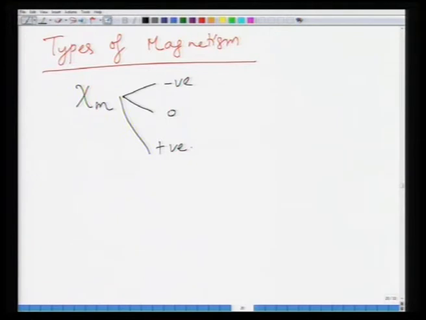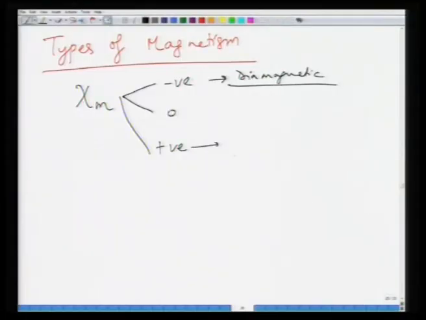So, materials which have negative susceptibility are called diamagnetic materials, or this kind of effect is called diamagnetism. And of course, chi m equal to 0 means that the material is non-magnetic in nature.